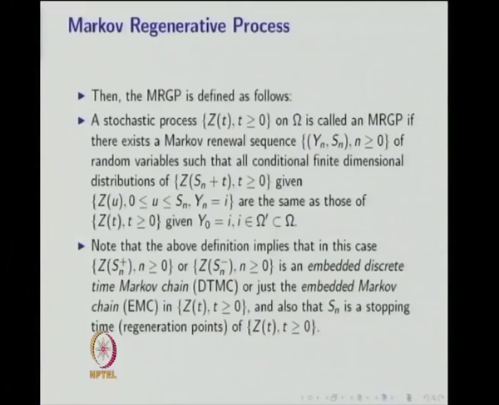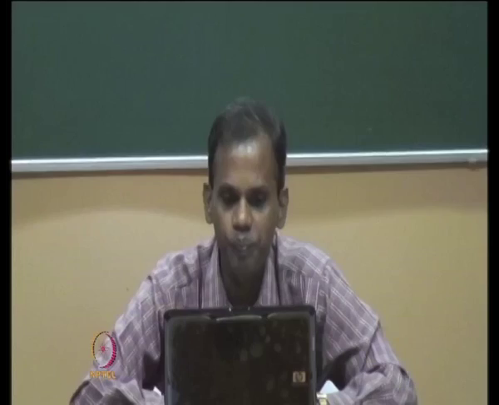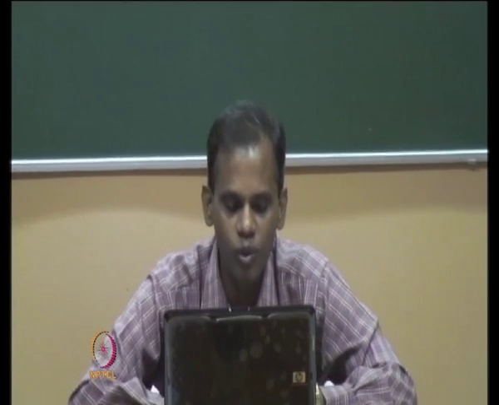The stochastic process Z(t) is said to be a Markov regenerative process if all conditional finite dimensional distributions of Z(Sn + t), given all the past history till Sn including Yn equal to i, are the same as the distribution of Z(t) given Y0 equal to i. That means it includes the time homogeneity as well as the Markov property.